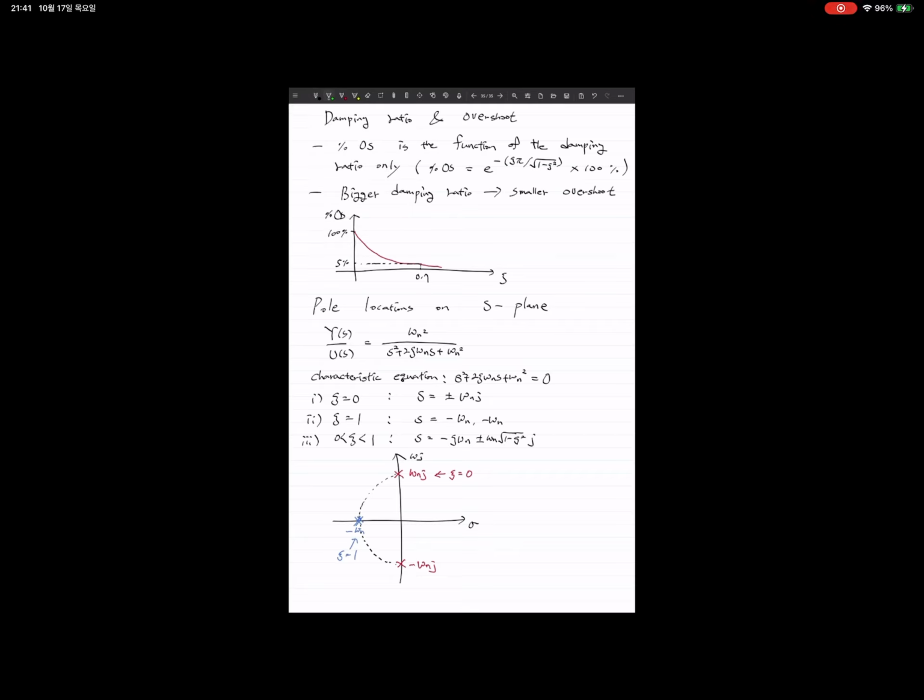If zeta is between 0 and 1, then pole will be like this one.